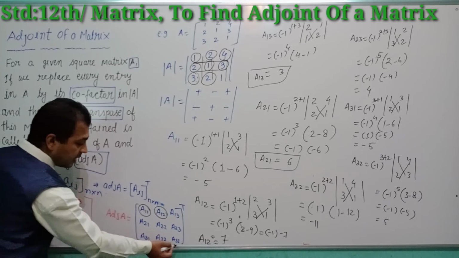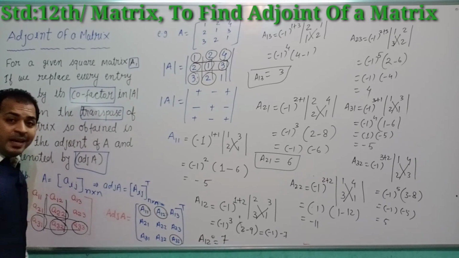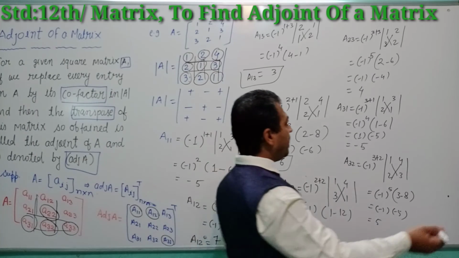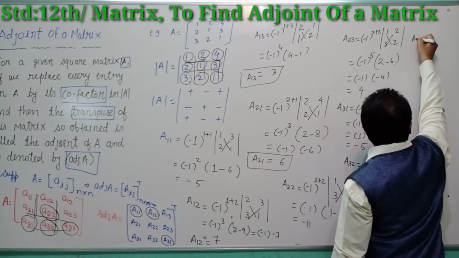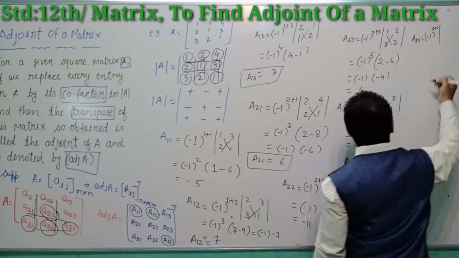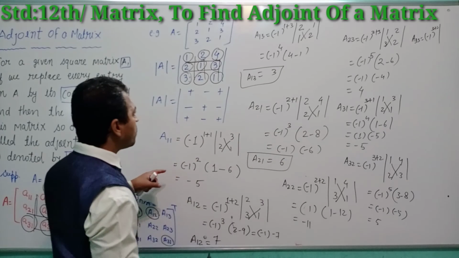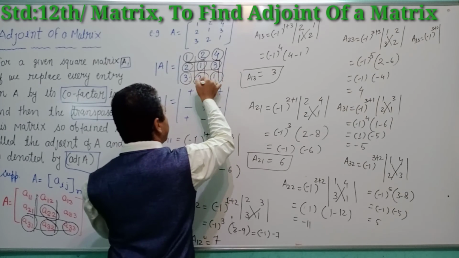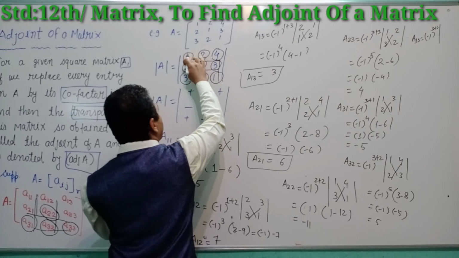Now you will find out the cofactor of A33. Capital A33 means minus 1, third row, third column. These will be cancelled out, and you get 1 2 and 2 1.